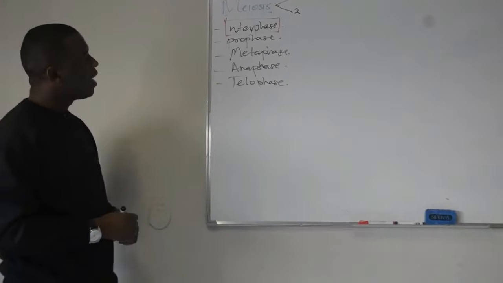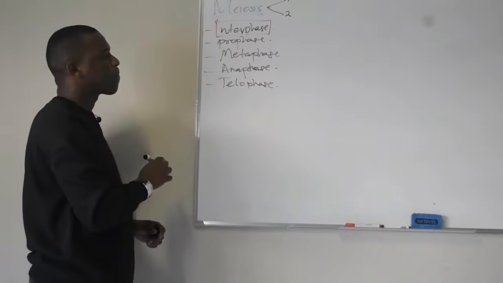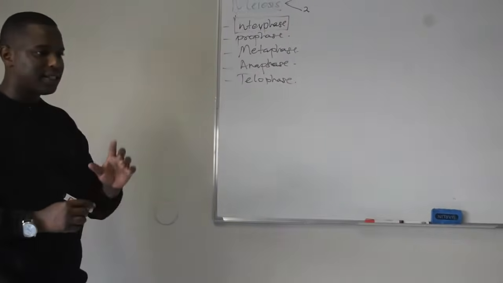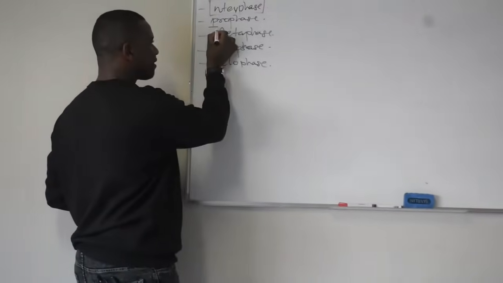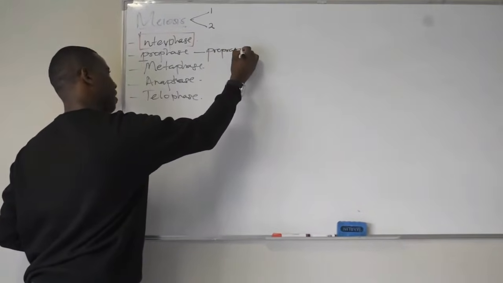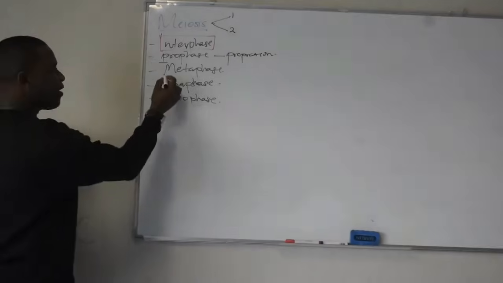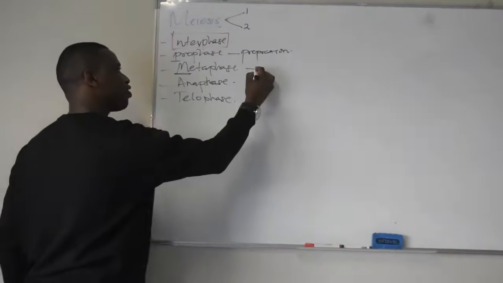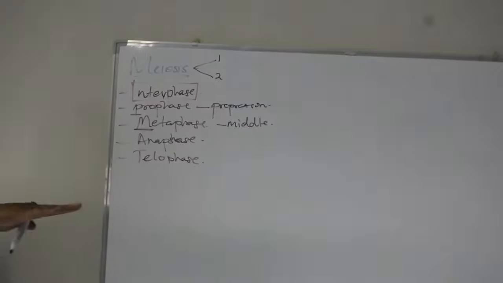Right. Now, looking at what is happening here, to give you a hint of how to remember the phases: Prophase starts with P. You must know that we are still doing what? Preparation for the whole cell division, right? Metaphase starts with M. You must know that there are going to be chromosomes lying in the middle, which we call the equator.